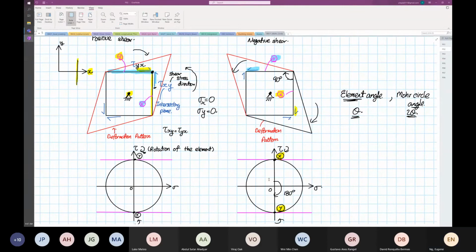Anyone? So be careful, okay? Positive shear and negative shear has nothing to do with the magnitude. I'll write this down. I think this is important.